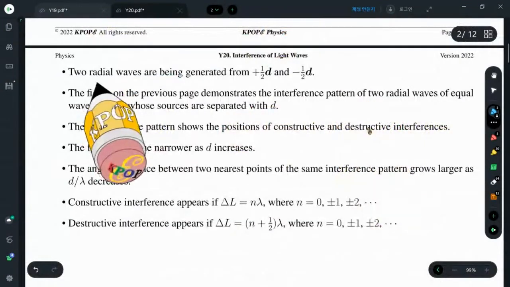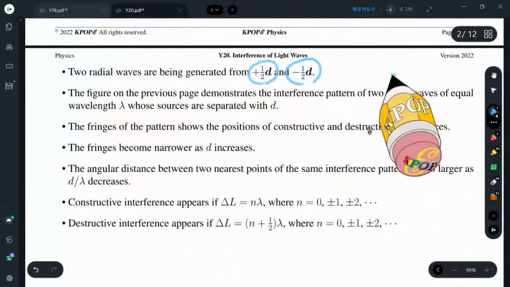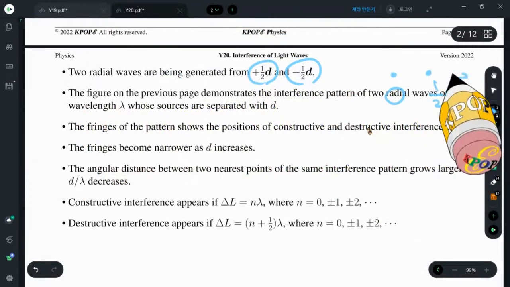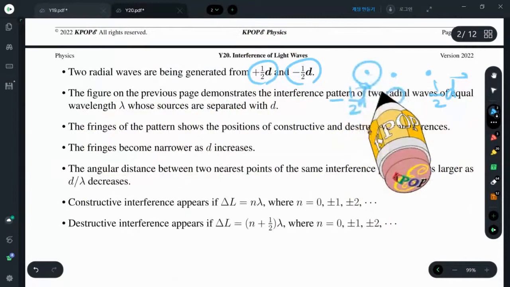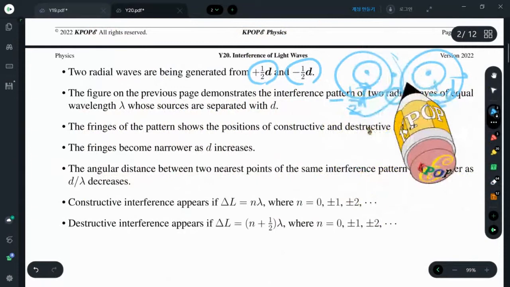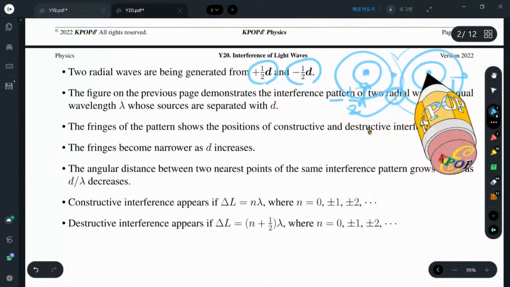Okay, two radial waves are being generated from their origins. We have 1/2 of d vector and minus 1/2 of d vector. Circular waves, two waves are generated at 2 points.